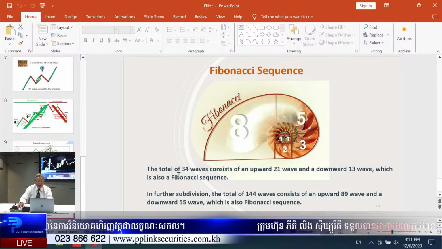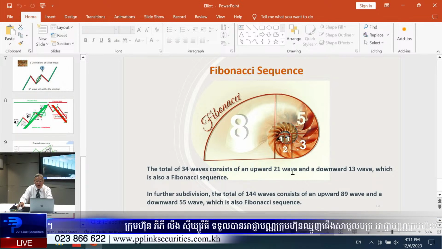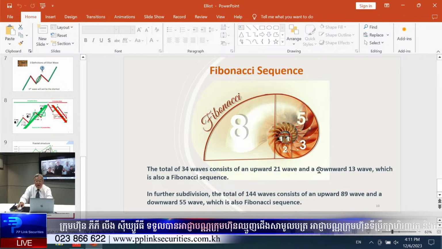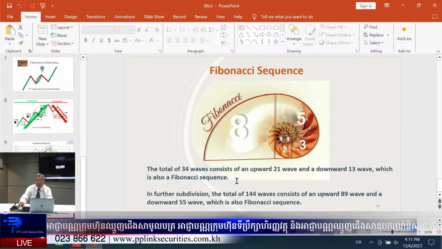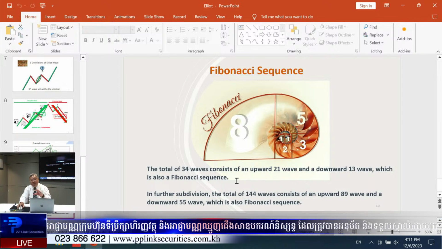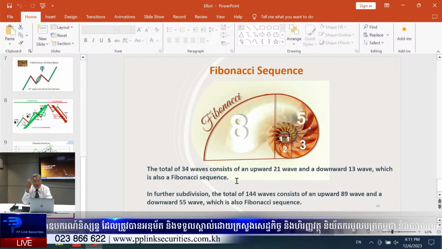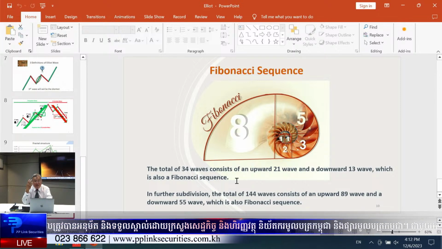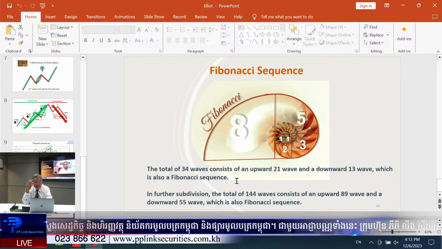The total of 34 waves consists of an upward 21 waves and downward 13 waves, which is also a Fibonacci sequence. So this Elliott wave is very closely related to the Fibonacci sequence concept. If I explain another time, you will know very clearly, okay?